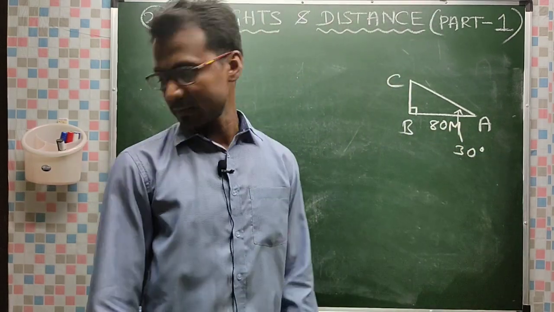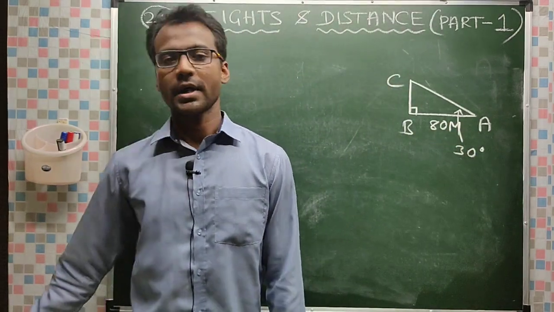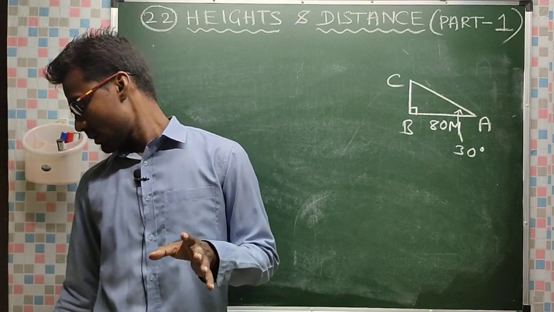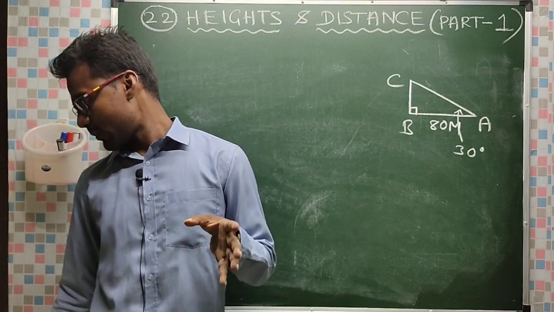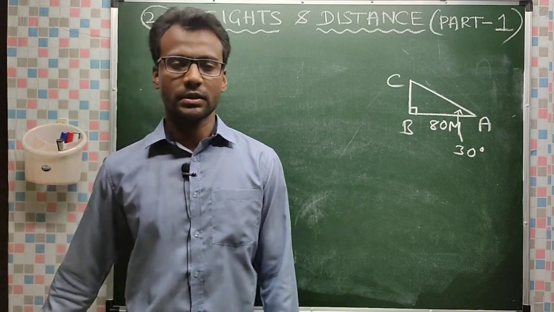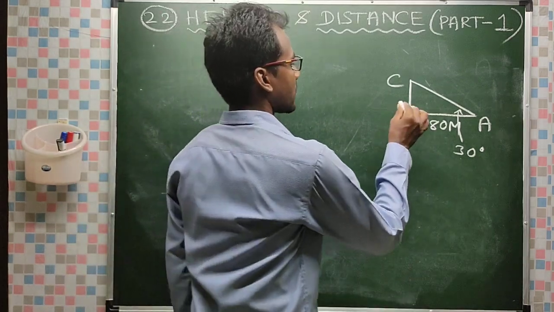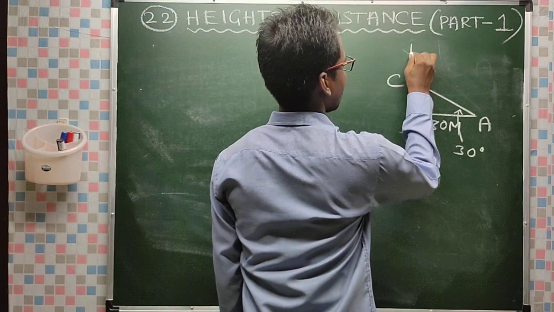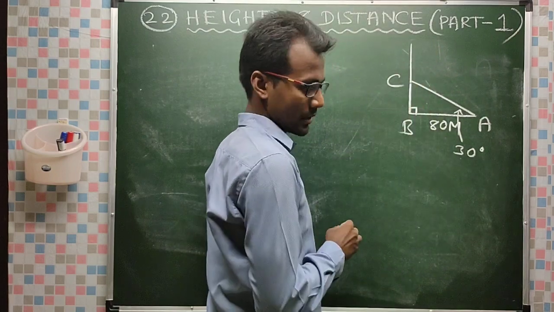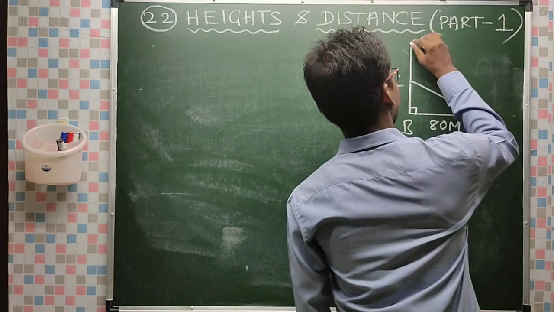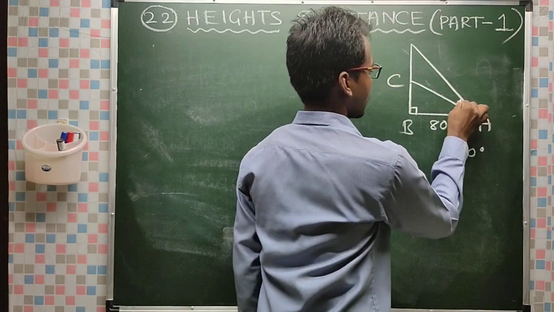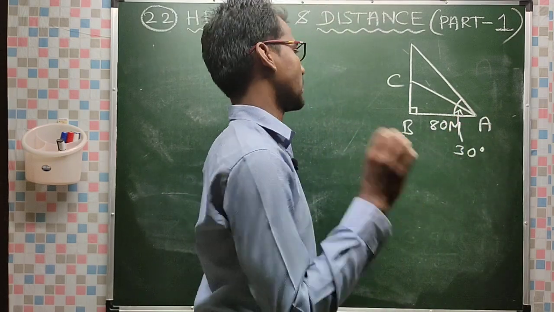AB is 80 meters. How much higher must the tower be raised so that its angle of elevation at the same point may be 60 degrees? Okay. So by how much do we have to raise the height of the tower? Suppose the tower will reach this height, so that the total angle will be 60 degrees.